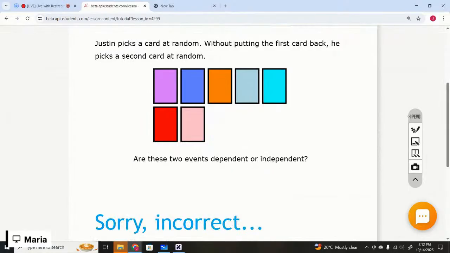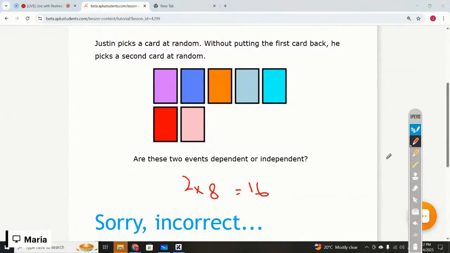Pick a card at random without putting the first card back. He picks a second card at random. Are these two events dependent or independent? So, when Justin is going to pick the card for the first time, he has one, two, three, four, five, six, seven cards, right?